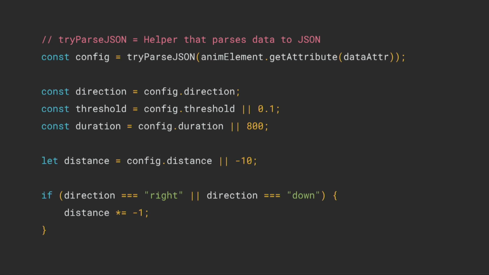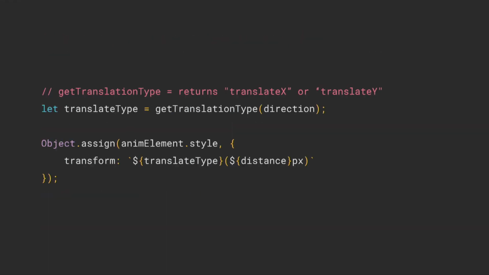So rather than using translate X or translate Y, we're saying right, up, down, and we can use that to change the distance. Then using that up, down, left, right value that we put in, we're just going to use it to get back whether it's a translate X or translate Y value. And then we're just going to set it.